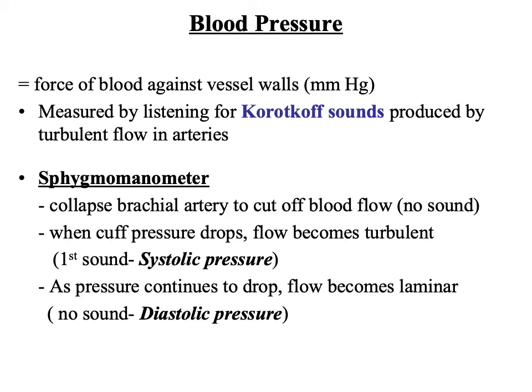Then the pressure continues to drop. You keep letting the air out of the cuff, and the brachial artery in the meantime is getting larger and larger. As soon as it's partially open enough to create turbulent flow, that's the first sound that's heard.